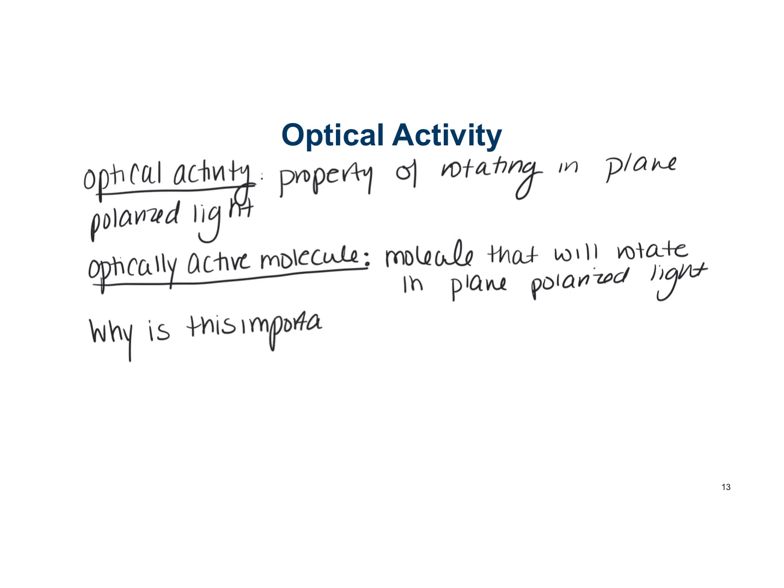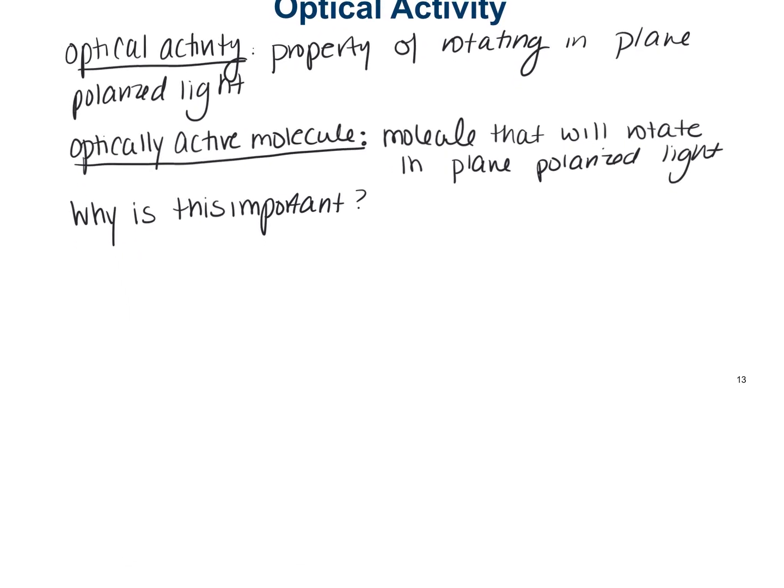So why is chirality important for the study of biomolecules? Well, that reason stems from the fact that living organisms, both plant and animal, consist largely of chiral substances.